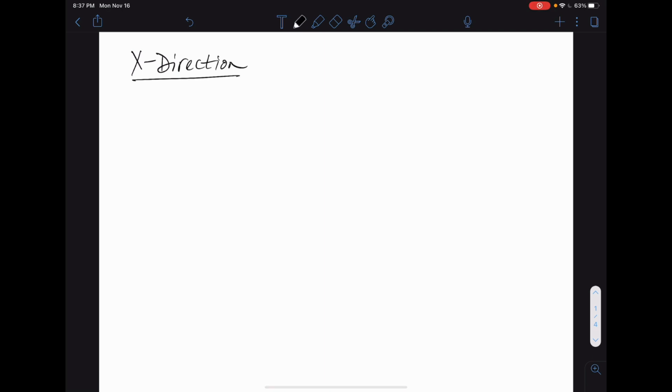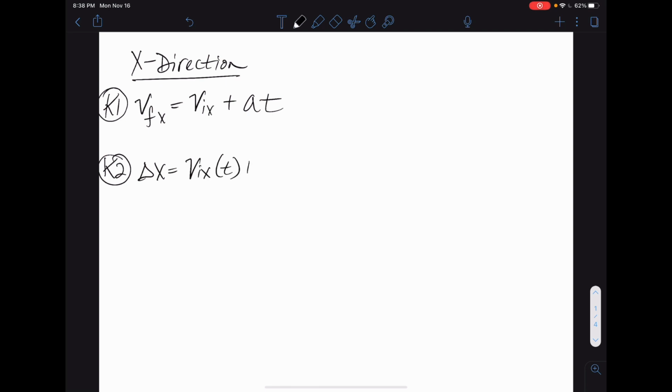So in the X direction, we have our K formulas, right? K1, which is VFX equals VIX plus AT. We have K2, which is delta X equals VIX times T plus 1/2 AX times T squared.